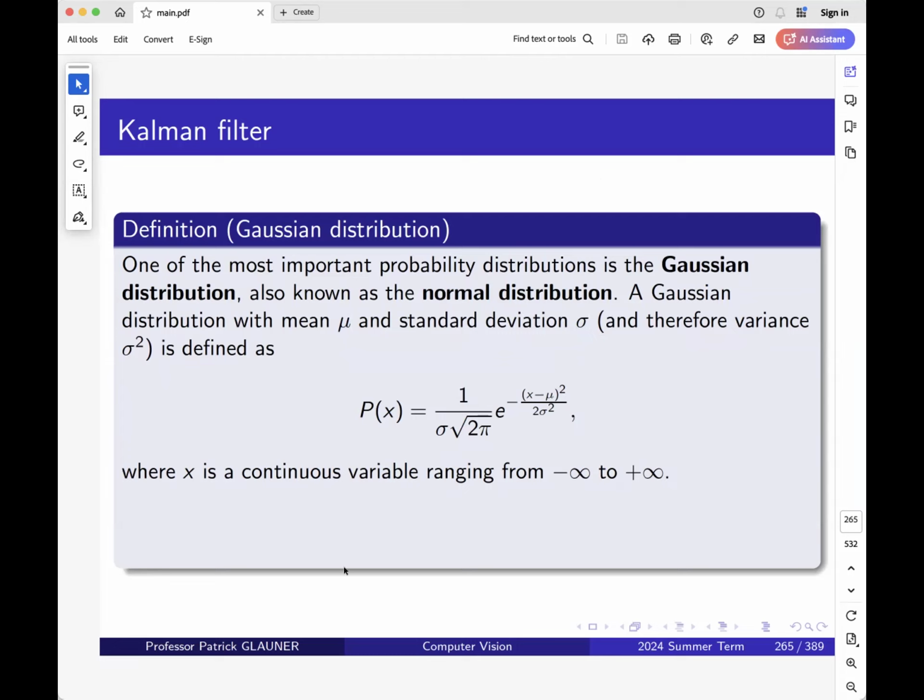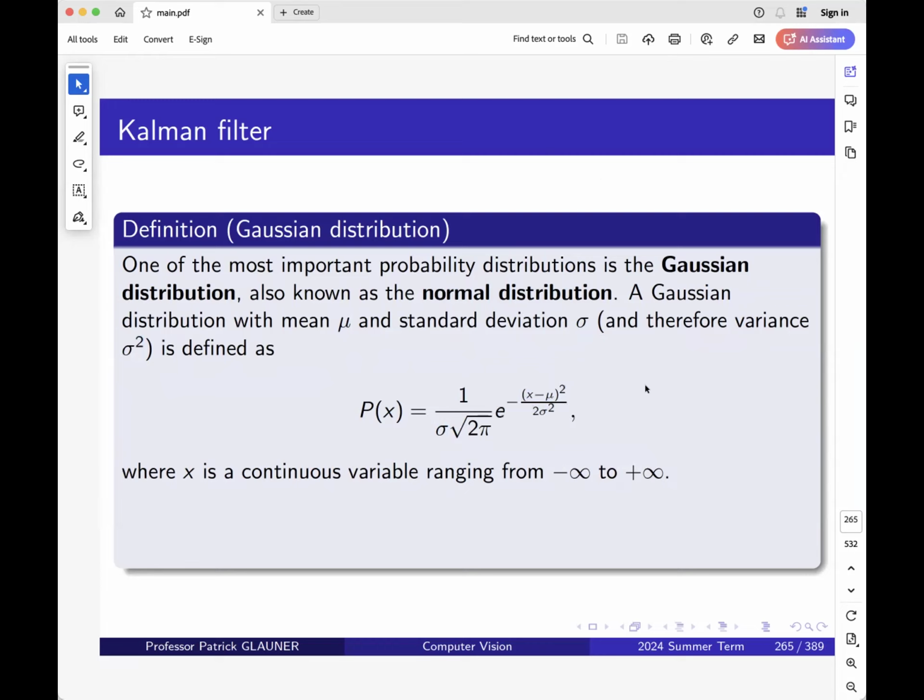And the density can be described as follows. We say P of x is 1 divided by sigma times the square root of 2 pi, and then it's e to the power of minus (x minus mu) squared divided by 2 times the variance.